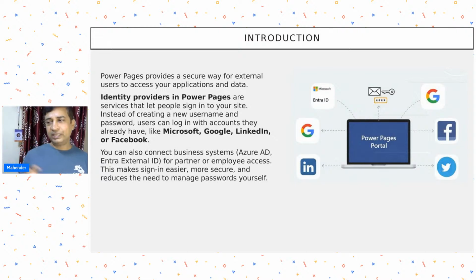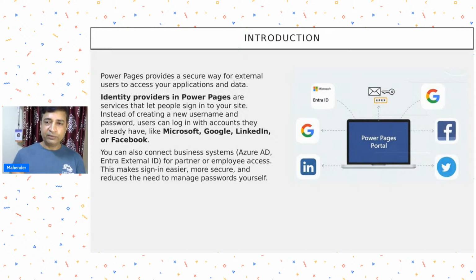So now let's first understand what an identity provider is. When you want to access any application, it could be a website or any other application, and you want to log into it, you need to enter some credentials, and that credential can be of different types.